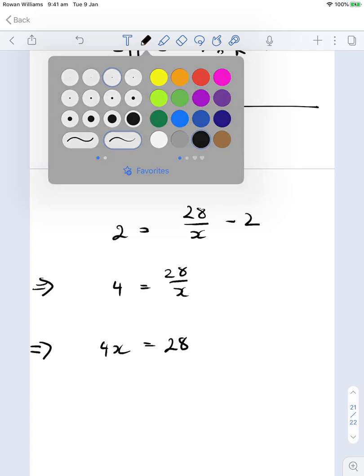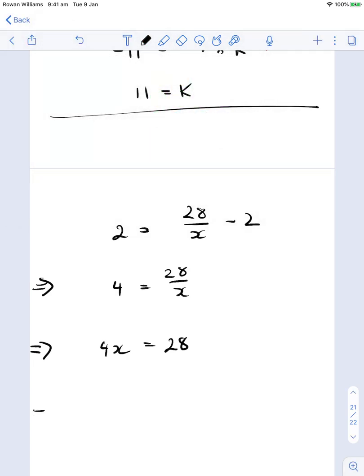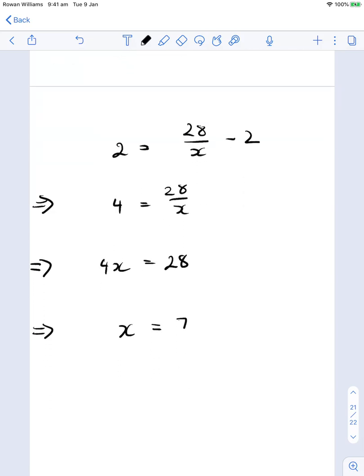All right, now this is a bit more solvable. Now I've got 4x equals 28, and I want to have the x by itself, so I'm going to divide that side by 4. And that means I have to divide 28 by 4, and 28 divided by 4 is 7. And that is my answer, x equals 7.